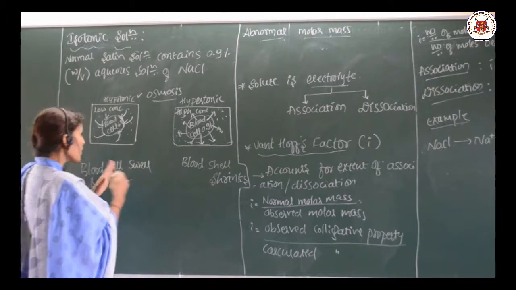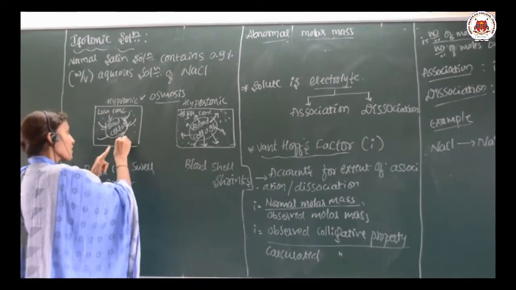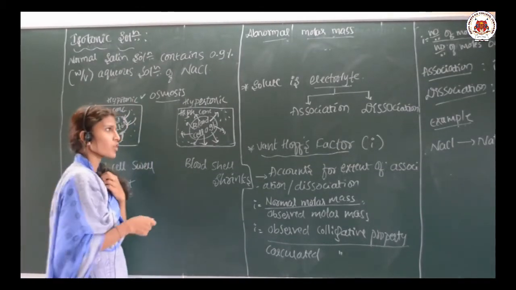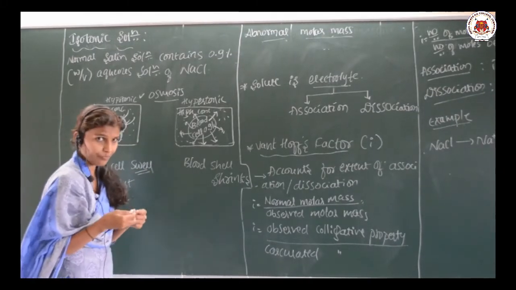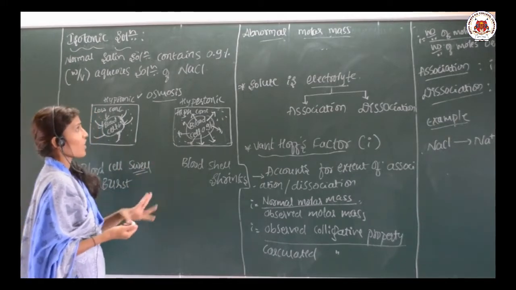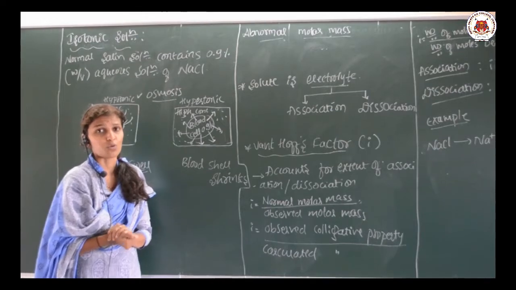So if the solvent is entering from lower to higher, that is inside the blood cell when we keep it in the hypotonic solution, the blood cell will swell and it will burst. So these are the examples for isotonic, hypotonic and hypertonic solutions.